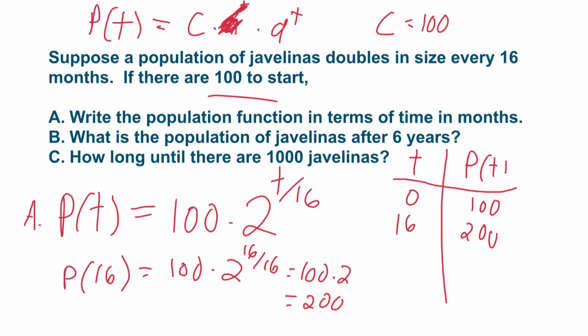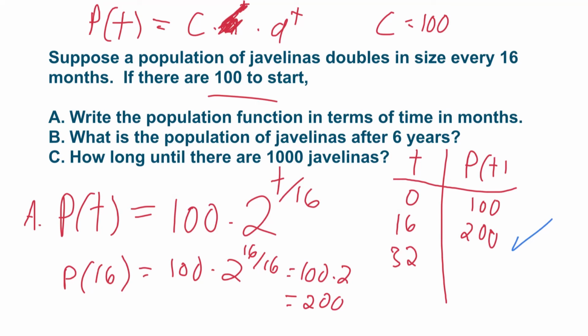So that makes sense. After 16 months, I've doubled. And then just for good measure, plugging in 32, I would expect to have 400 because another 16 months has elapsed. So I've gone from 100 at 0 to 200 at 16 to 400 at 32.